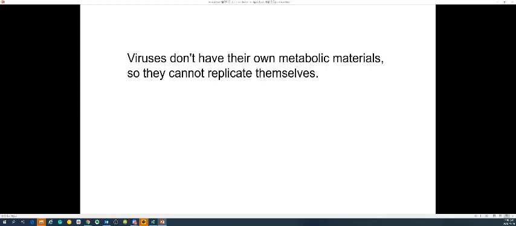So, viruses evolve. They are changing. Now here, they don't have their own metabolic materials, so they cannot replicate themselves. That's true, but exactly the same thing I have said, can we reproduce ourselves without others' help, like our mother's help or other life forms' help?